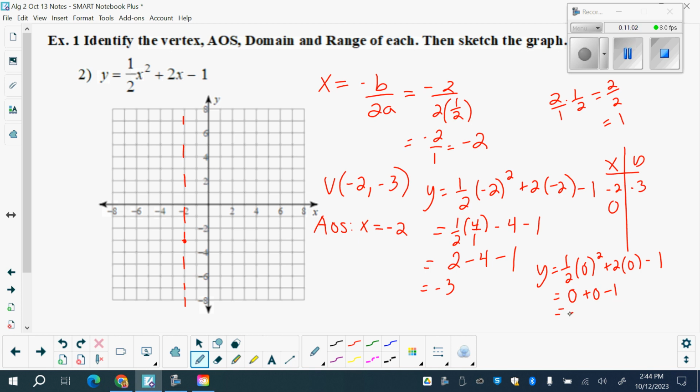And we get -1. So 0, -1. And again, we want to reflect that point over that line.